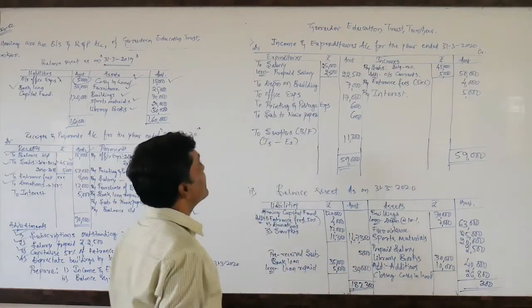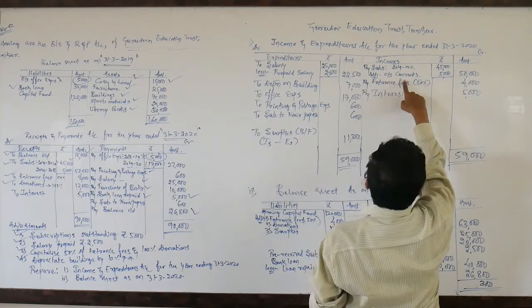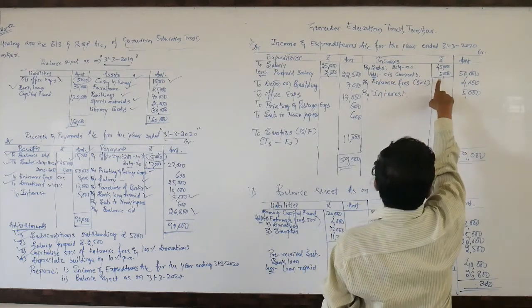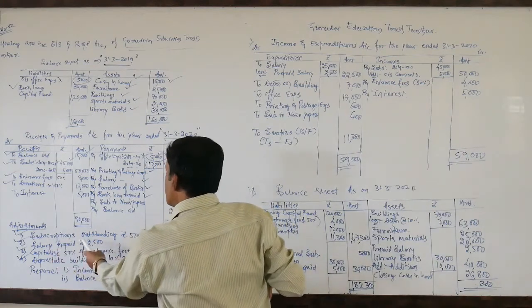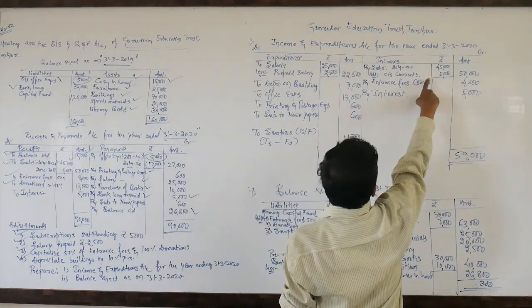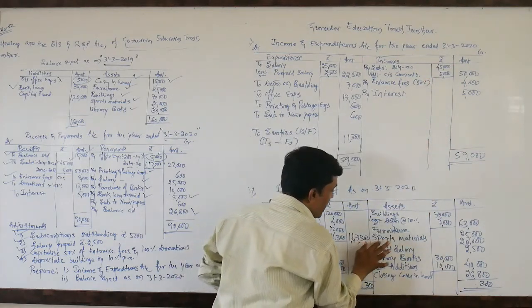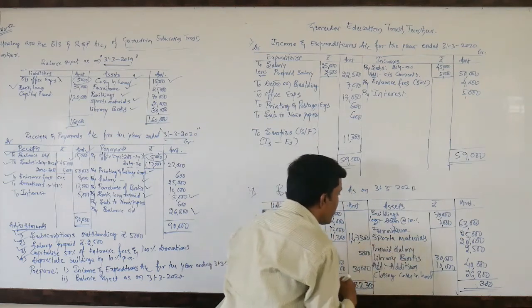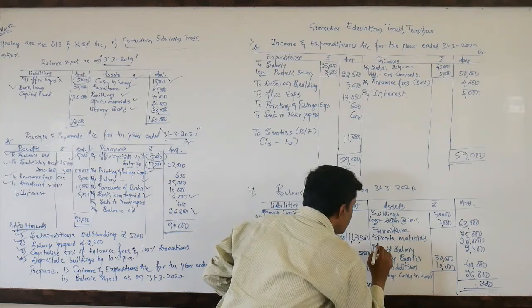Okay, my dear students, I am extremely sorry, I have forgotten to write the outstanding subscription for the current year, rupees 5,000. Look at the adjustments: subscriptions outstanding rupees 5,000. Here I have added it on the income side, and again I need to write it on the asset side. I am facing a somewhat difficult task writing it over here because I don't have sufficient space.